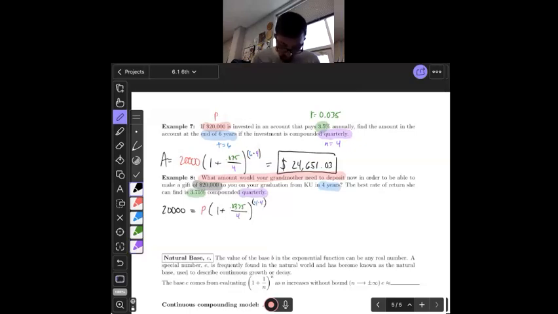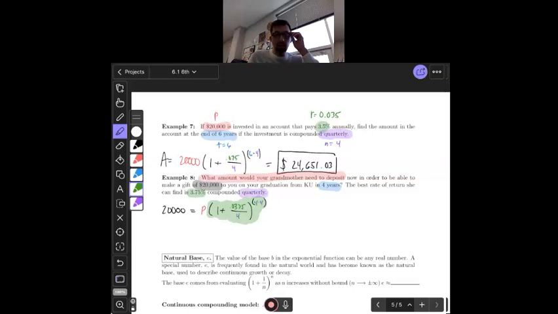So we need to solve for P, which basically means we simplify all this stuff. We know all of that, so we can simplify it down. I'm going to put that part into my calculator: 1 plus 0.0375 divided by 4, all to the 16th power.